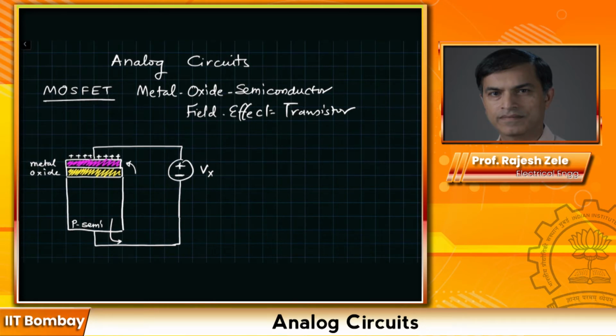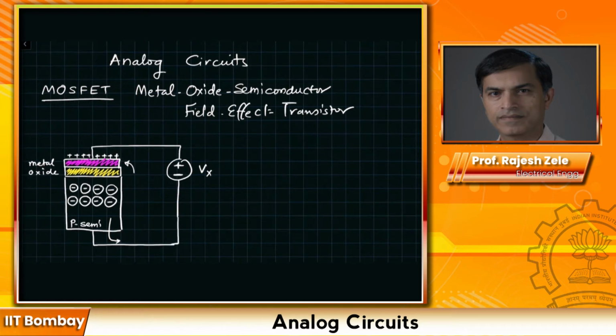So since the holes have left the P-type of semiconductor because they got repelled by the positive potential on the metal side, we are left with negatively charged ions which are exposed in the P-type of semiconductor.